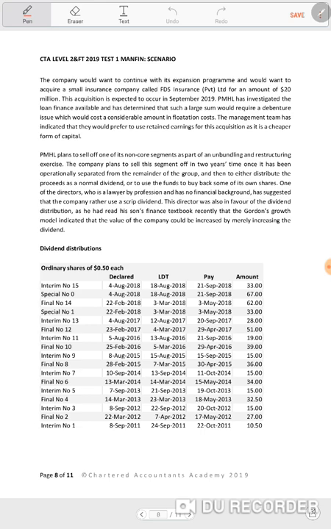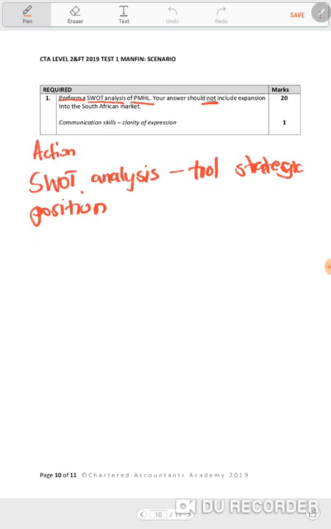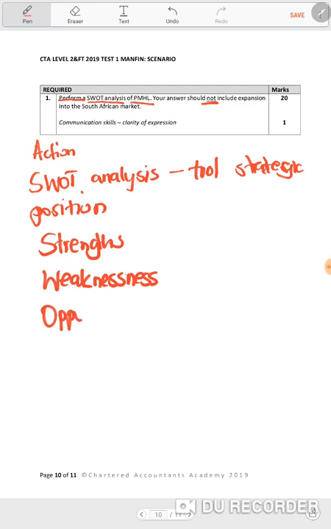So as we are going to analyze the strategic position, we are going to ignore this section. Now let's go back and further expand our required. So we've been told we need to perform, which is an action, and we need to perform a SWOT analysis. What is a SWOT analysis? SWOT stands for strengths, weaknesses, opportunities, and threats.